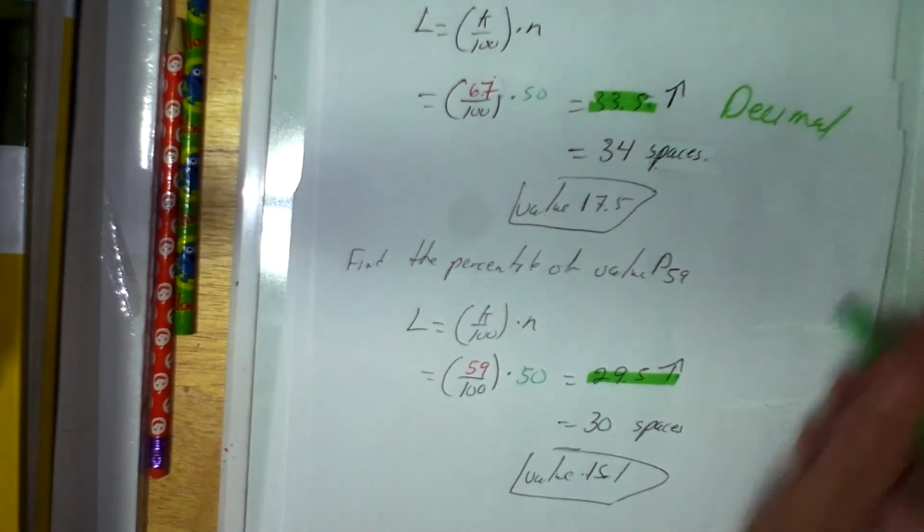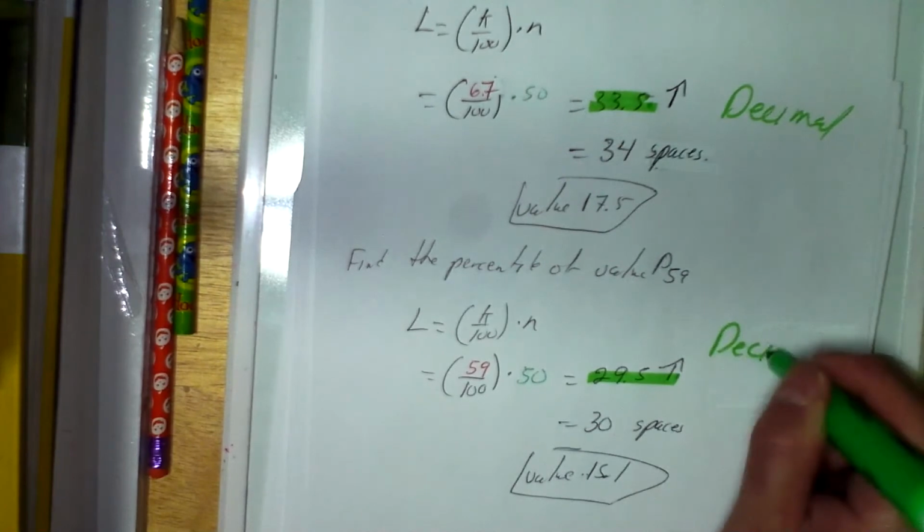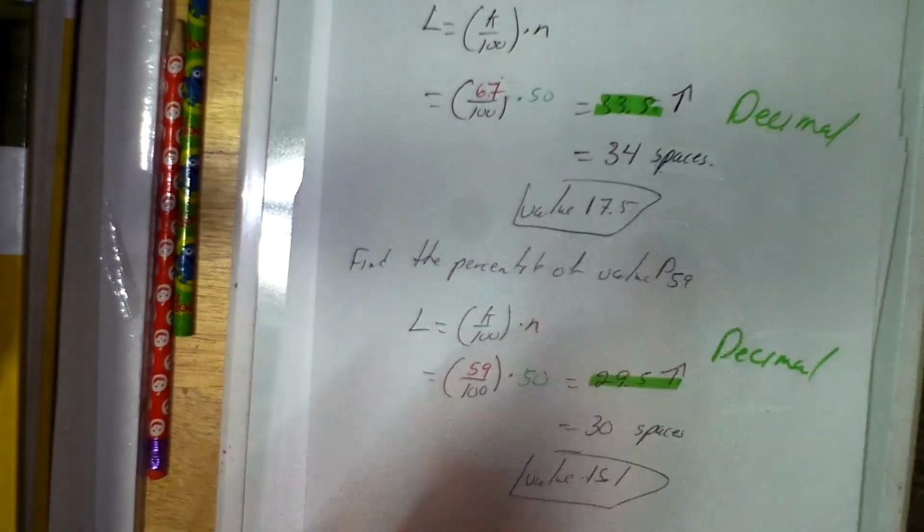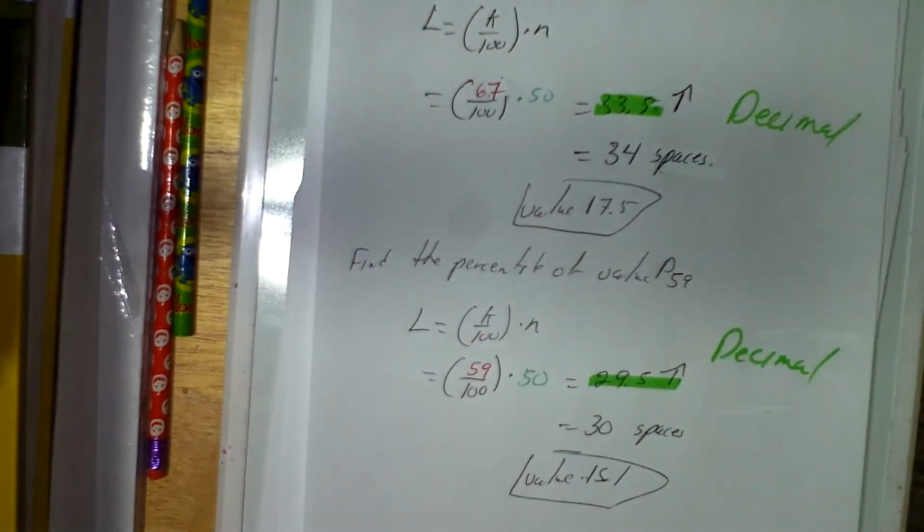Right, that's what happens when it comes out to a decimal. Now, like I did before, you know how it came out to 62, it came out to a whole number. Well, that's a whole different story.